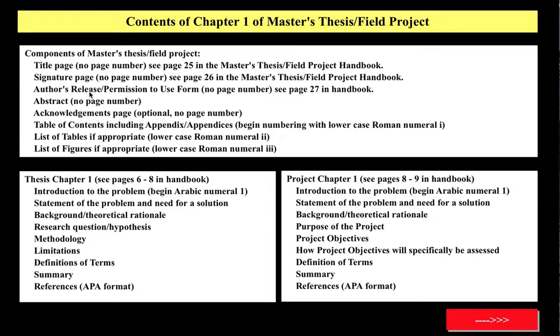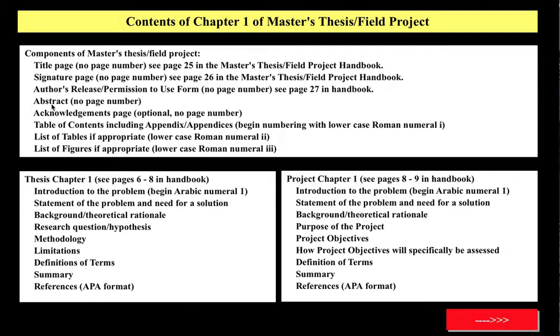Your third page is your author's release and permission to use form, and that's on page 27 in the handbook. So those first 3 pages, you can just type them into a Word document and you're already started on your chapter 1. Then you'll need a page for an abstract.